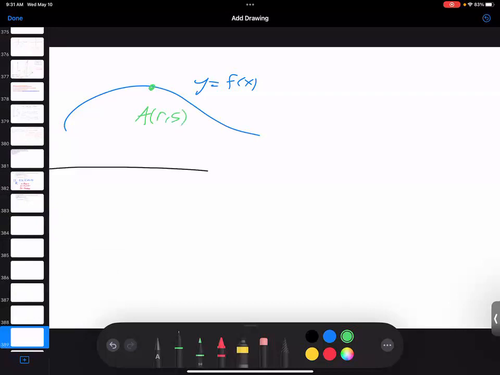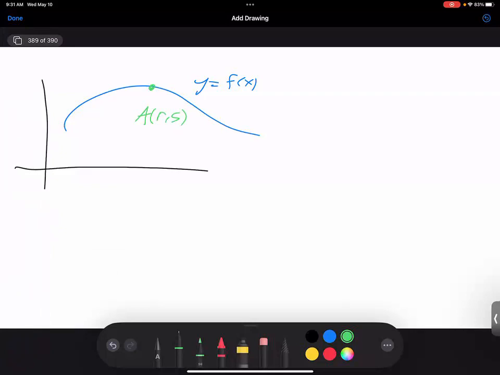So you give me a point and I can associate some number A of RS. This is going to be the shortest distance to the red curve.